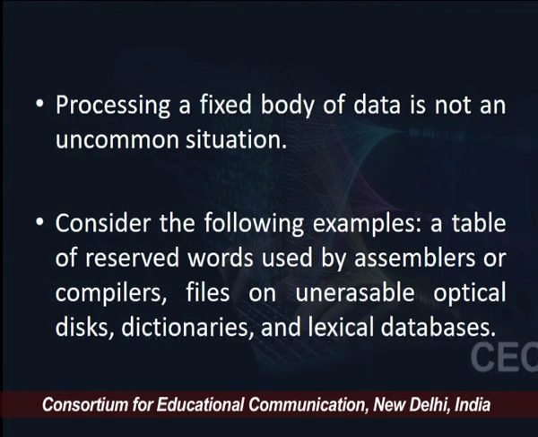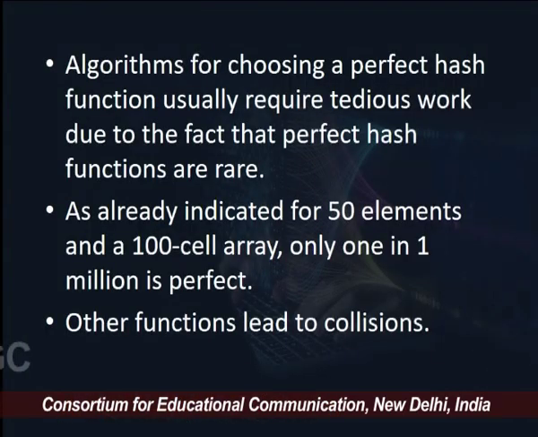Now, algorithms for choosing a perfect hash function usually require very computationally intensive or tedious work, due to the fact that perfect hash functions are actually very rare. We have just seen the example of a minimal perfect hash function.